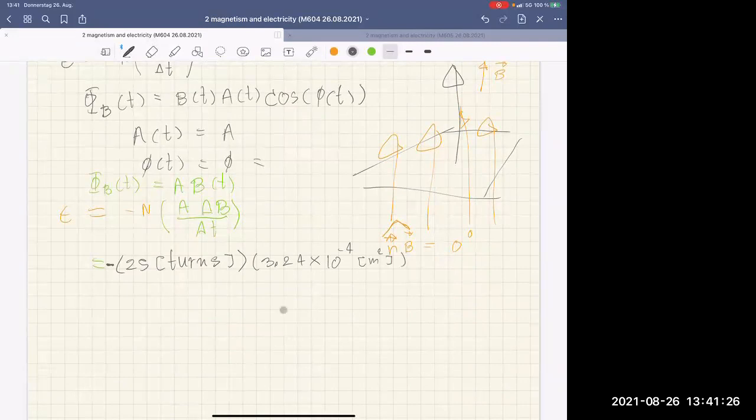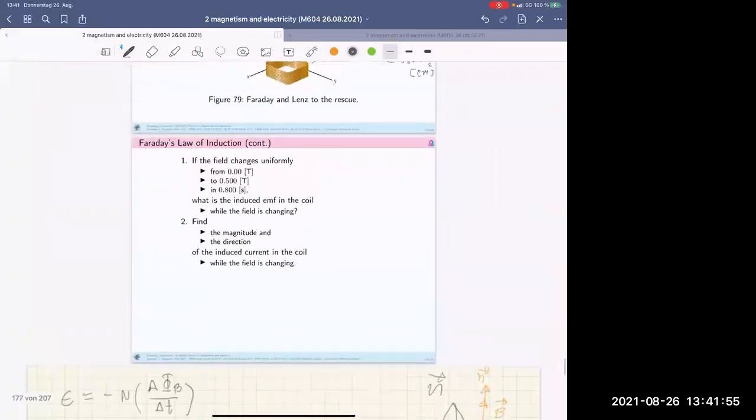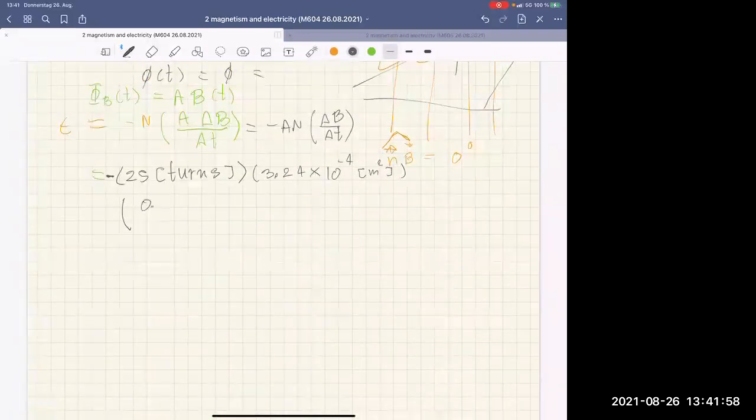And delta B over delta t: B2 minus B1, so B2 is 0.5 Tesla minus 0 Tesla, divided by time.